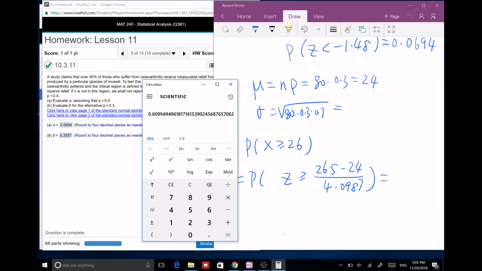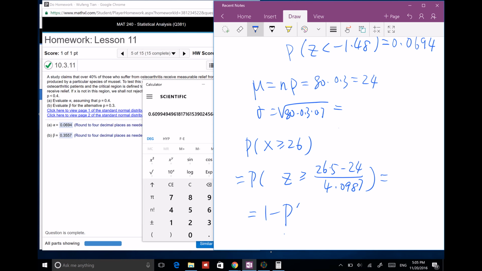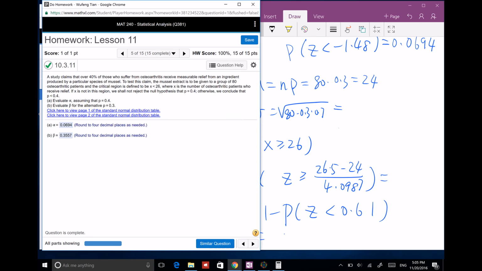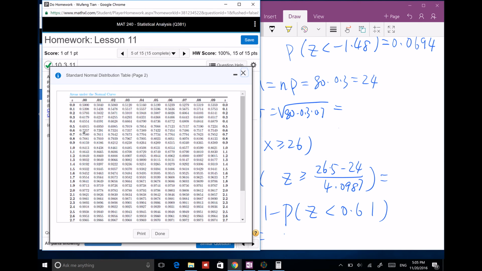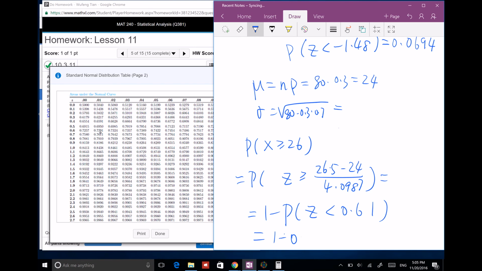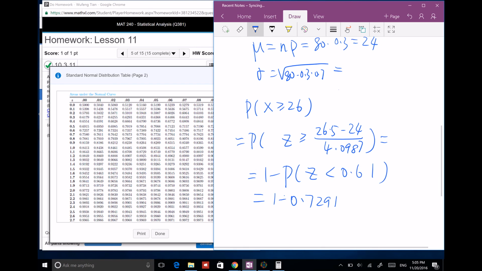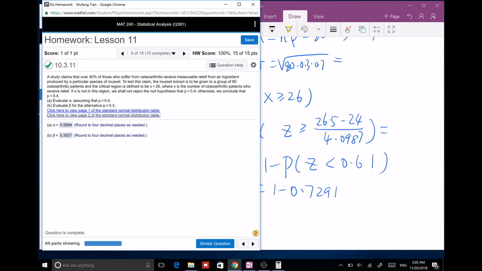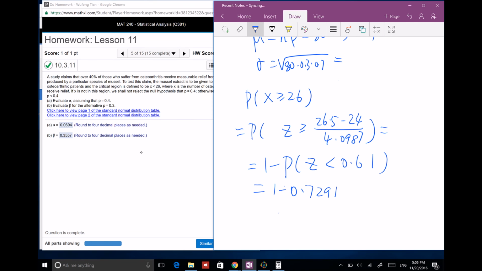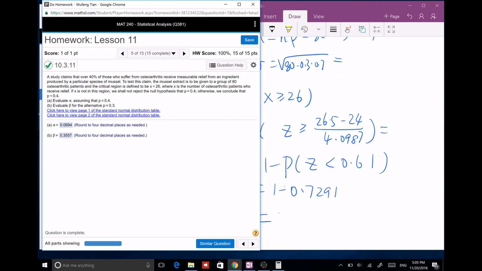So it's 0.61. So it's going to be 1 minus P(Z less than 0.61). And 0.61 is 1 minus 0.7291. Let me check if I got it right. Okay, so why don't I get it right? It should be the same.